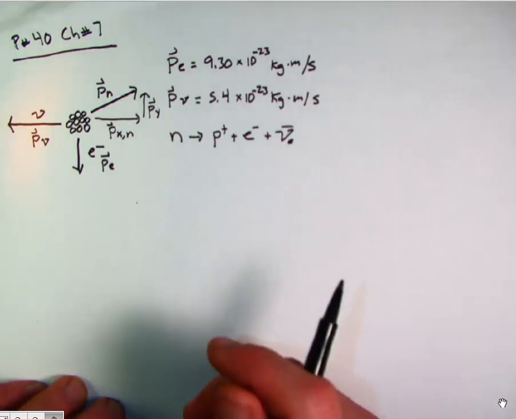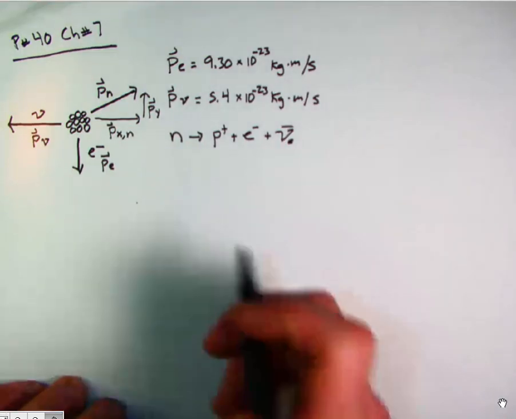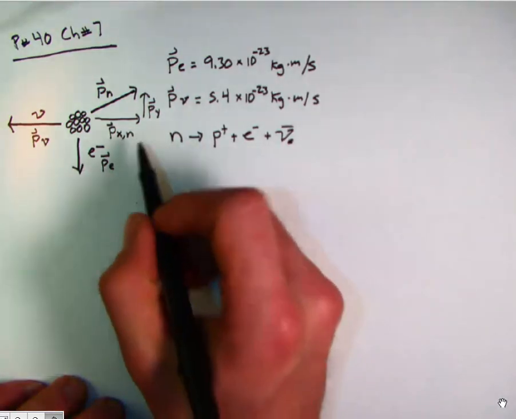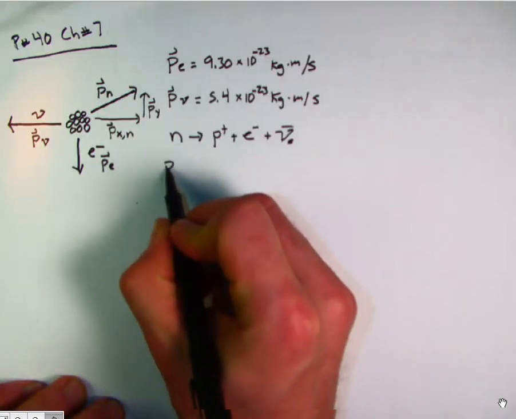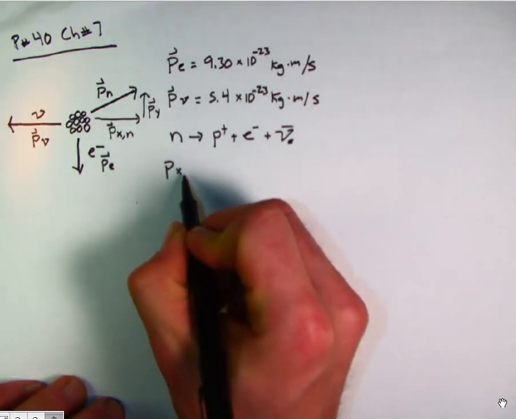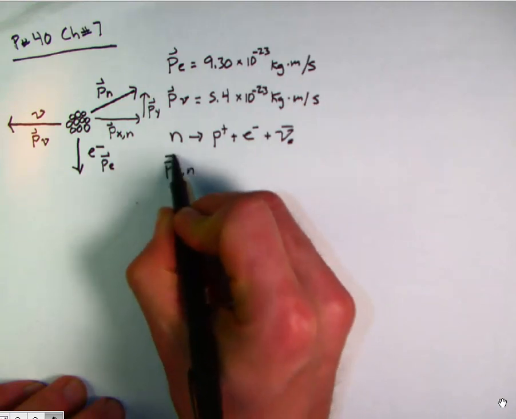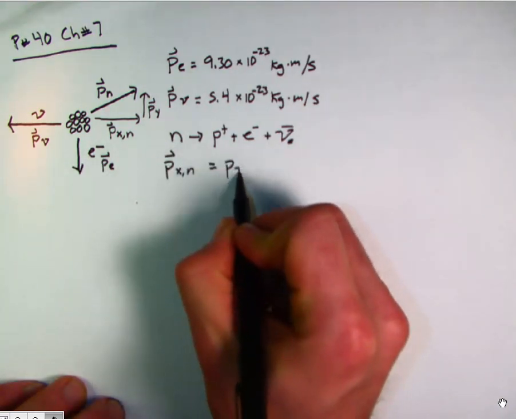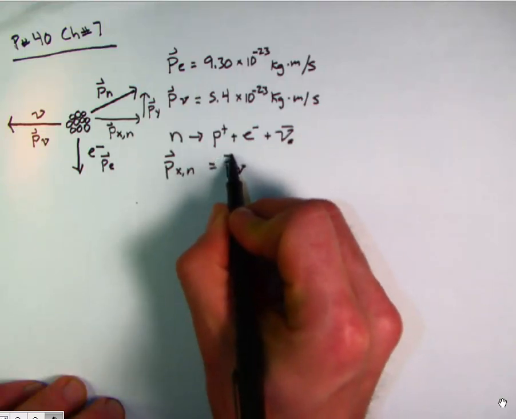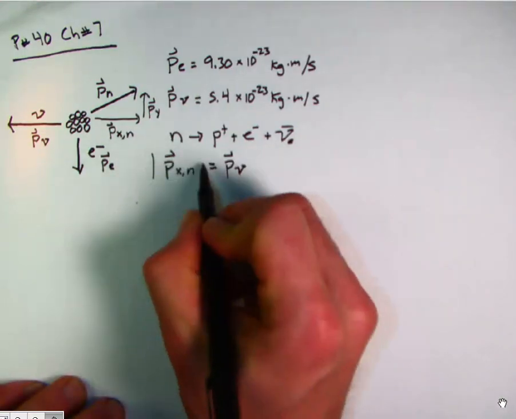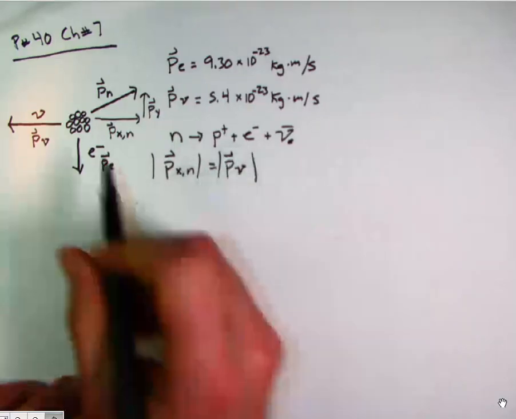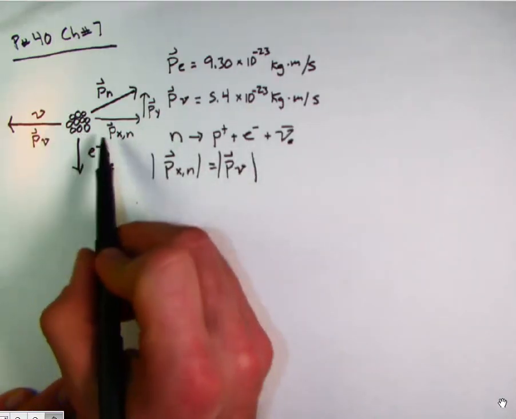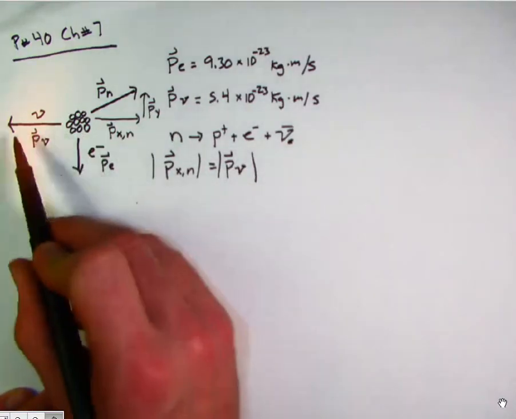Well, as it turns out, the x component of the recoiling nucleus's momentum would have to be equal in magnitude and opposite in direction to the neutrino's momentum, right?